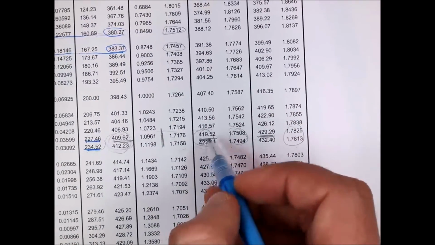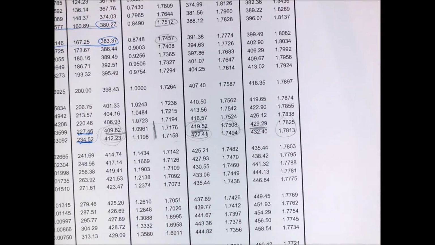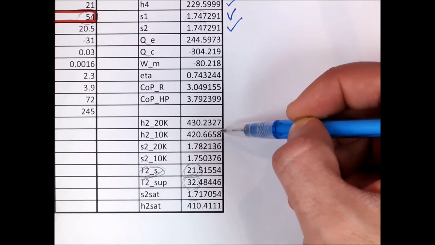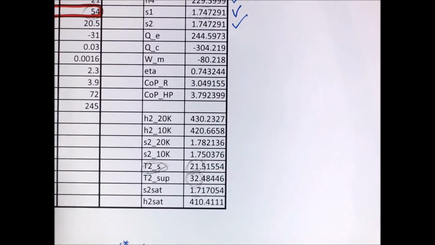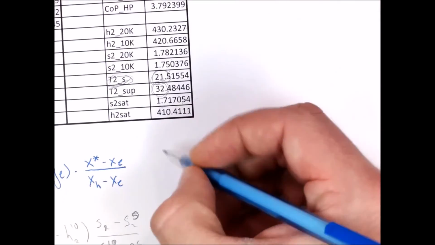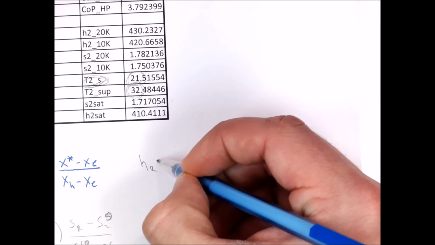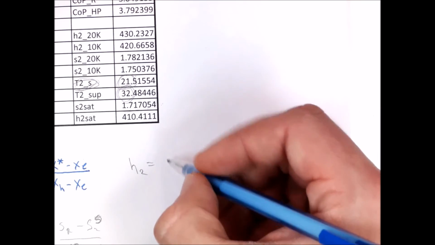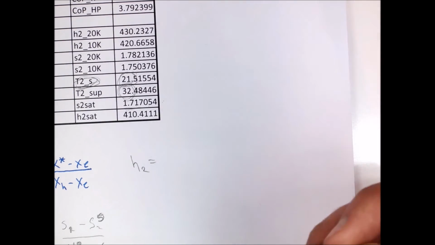So we do just that. We find the enthalpy here and enthalpy here, and we come out with 2 values of enthalpy, as we did before: 420 kilojoules per kilogram, 430 kilojoules per kilogram. Now in this formula here, I'll write it out for you.